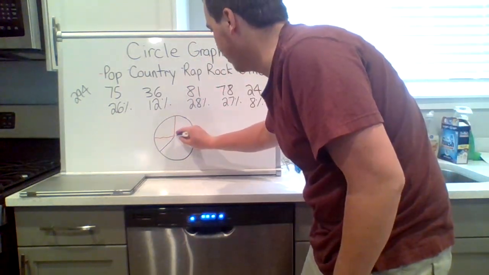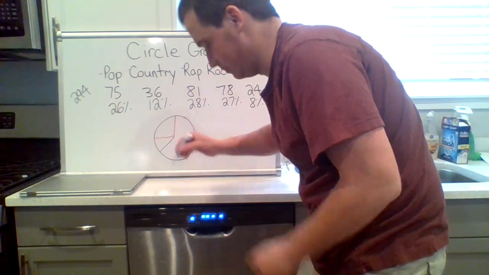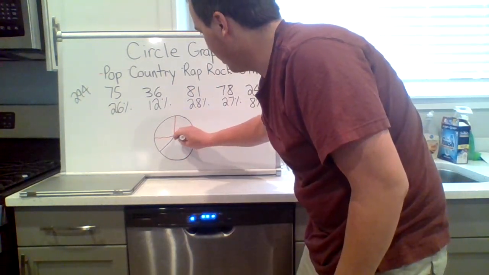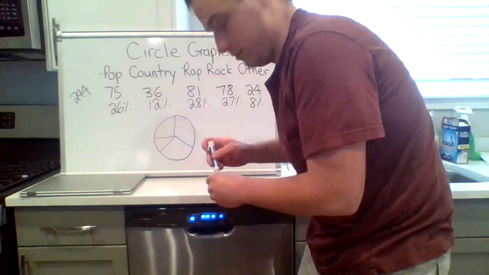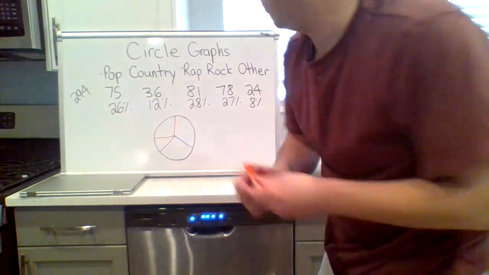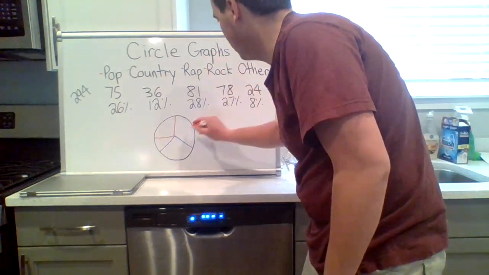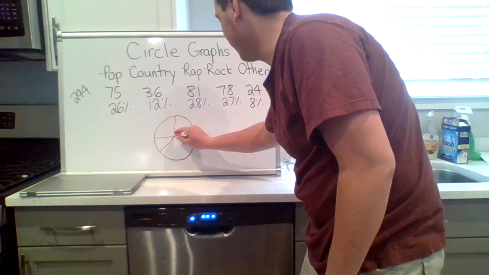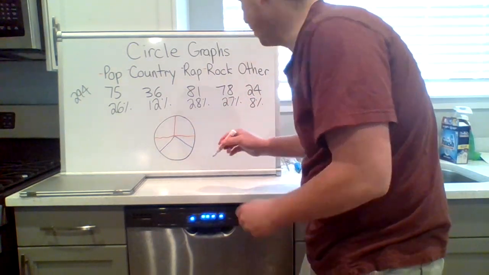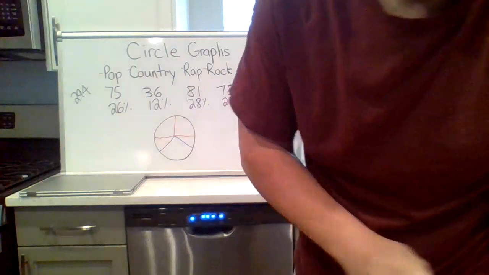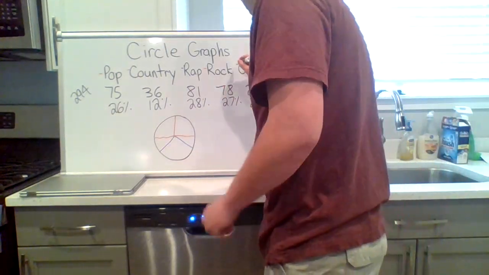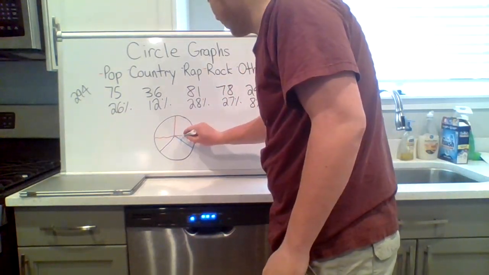That's a bit more than 1/4, so like this or so. Rock fans in orange. That's about 27%, a little bit more than 1/4 again. And then green is the other. That's this portion left behind.